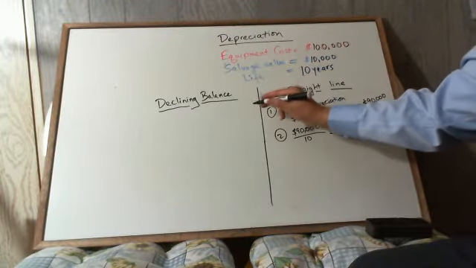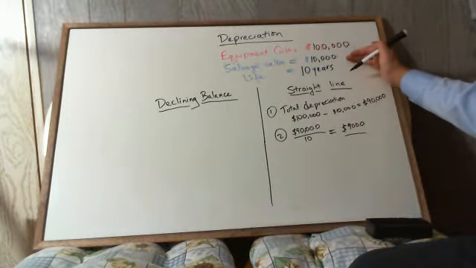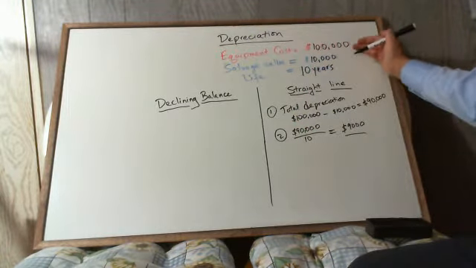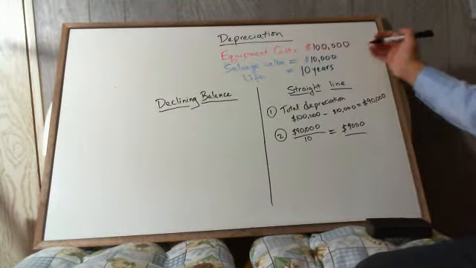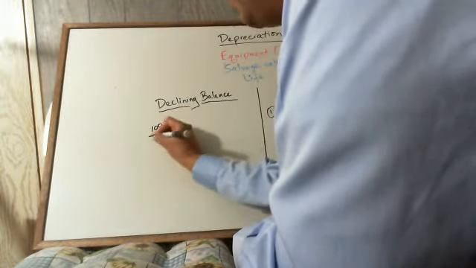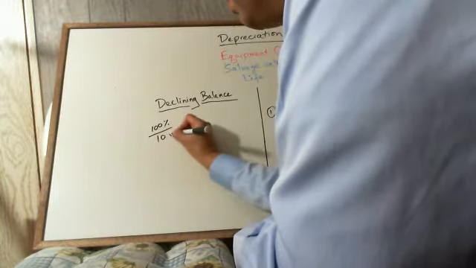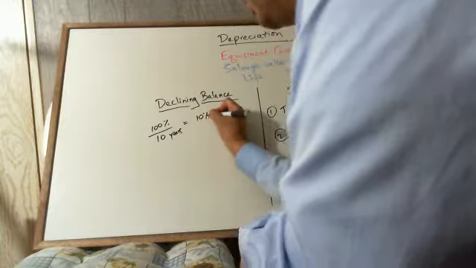For the declining balance, in this case, we do not worry about the salvage value. We just take 100% of the amortization and divide it over the number of years. So we take 100% and divide it by 10, and we get 10%.